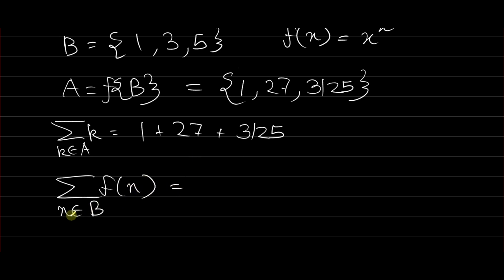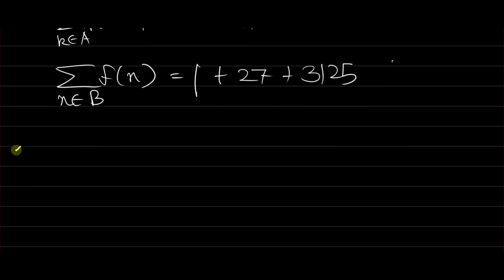We first have to add n belonging to B, so f of 1 is equal to 1 to the power 1, which is 1, plus f of 3 is equal to 27, plus f of 5 is equal to 3125. And these both are the same. So our property is being proved by example.